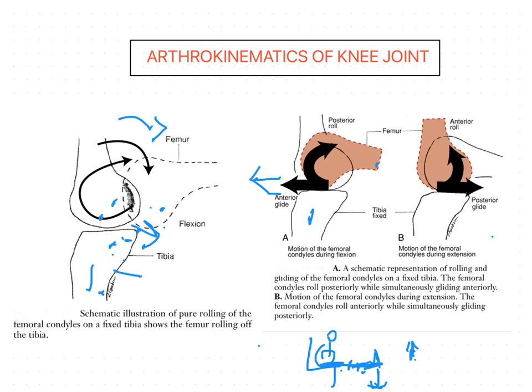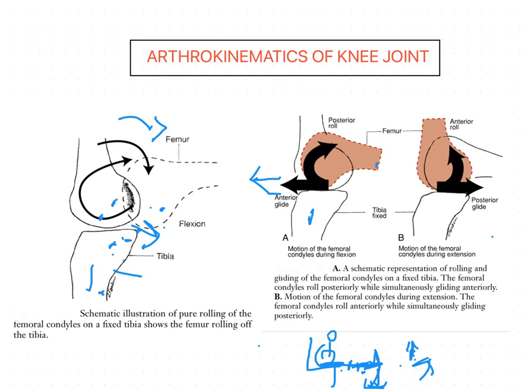So what will happen intra-articularly? The tibia both rolls and glides posteriorly on the fixed femoral condyles, and the extension of the tibia on a fixed femur incorporates the anterior roll and glide of the tibial plateau on the fixed femur.